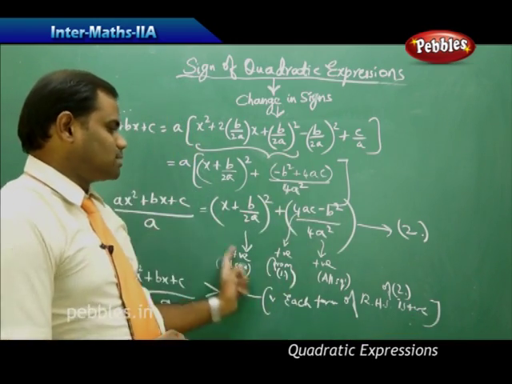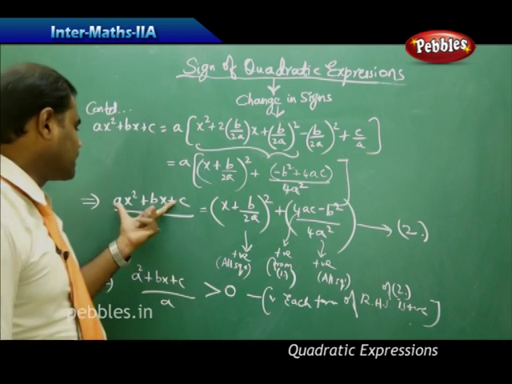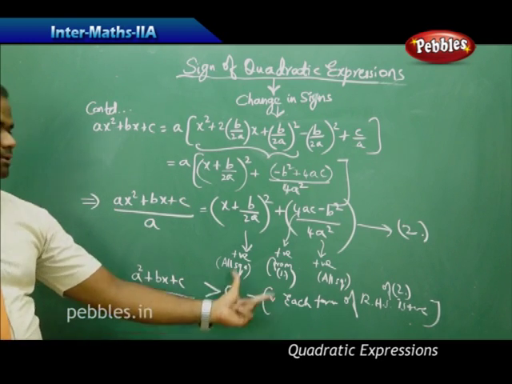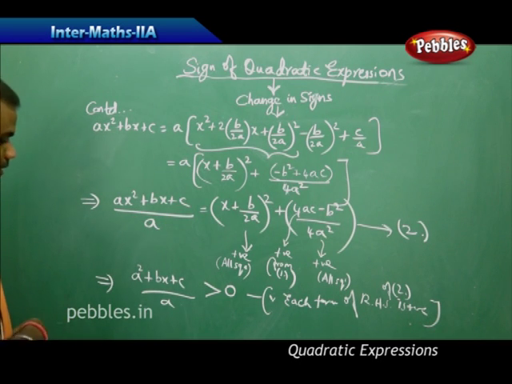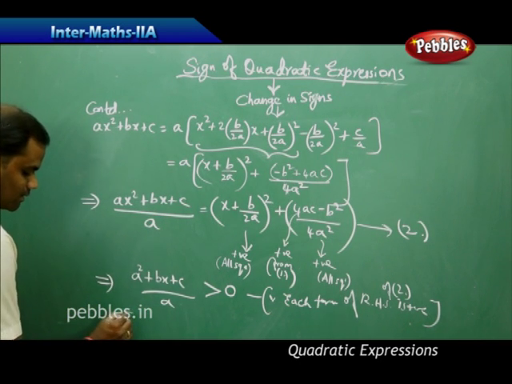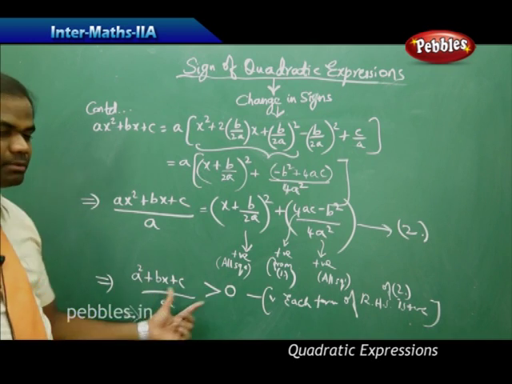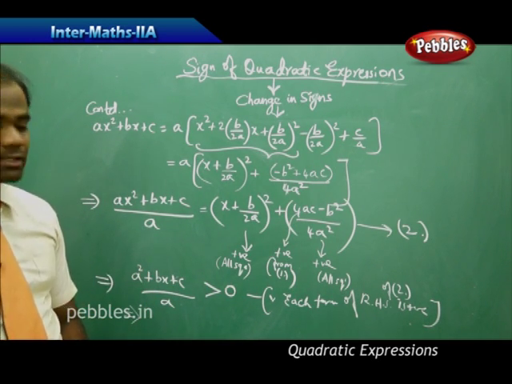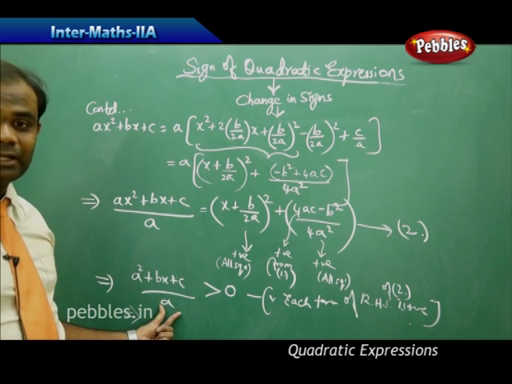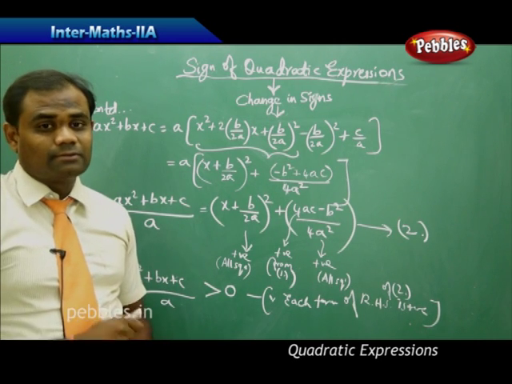Therefore this entirely is positive, and therefore indirectly this term is positive, this being equal to this. Now this being positive implies that the possibility of this fraction being a positive number is that they should be of same sign, because if one of them is plus and one of them is minus, then the fraction becomes a negative value.